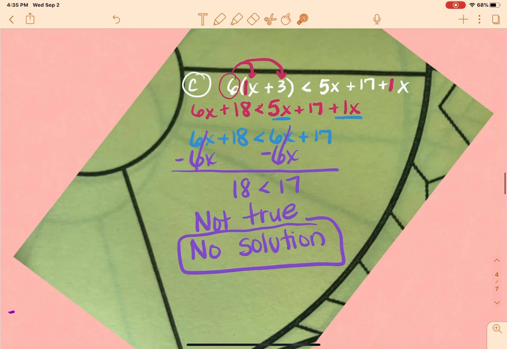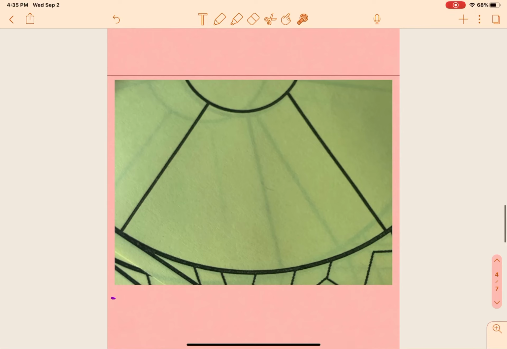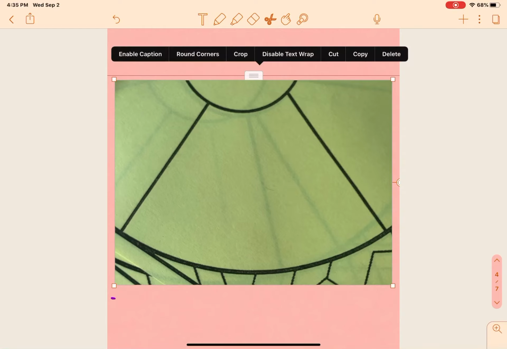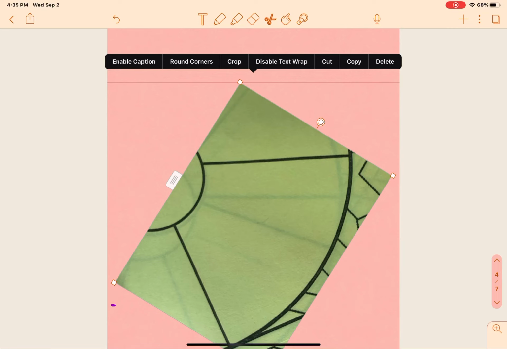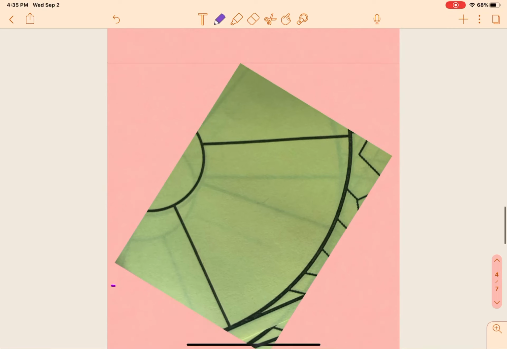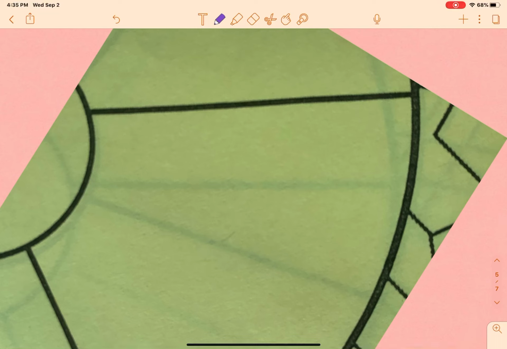Okay, let's see one more of those. And this is actually the last one that's going to go on this foldable. Okay, again, I just turned my paper so I could write in this direction.